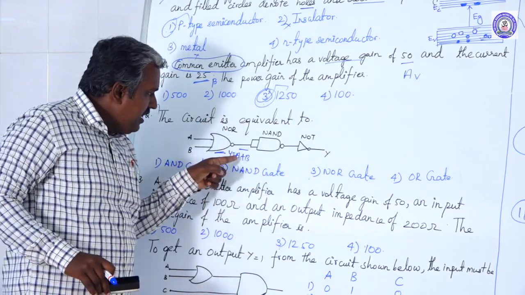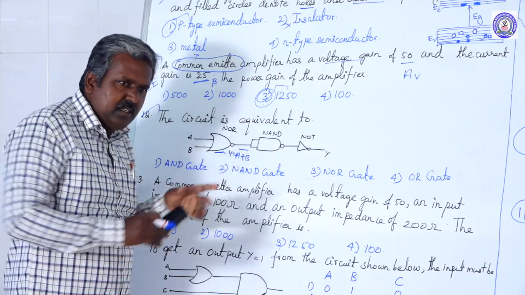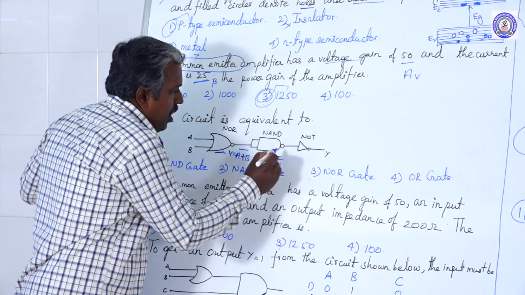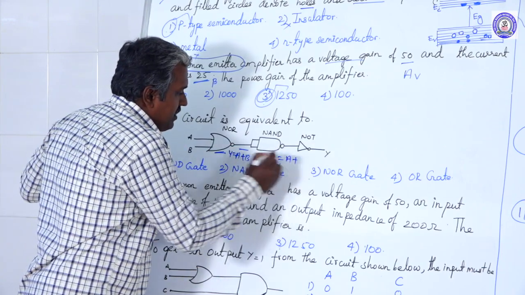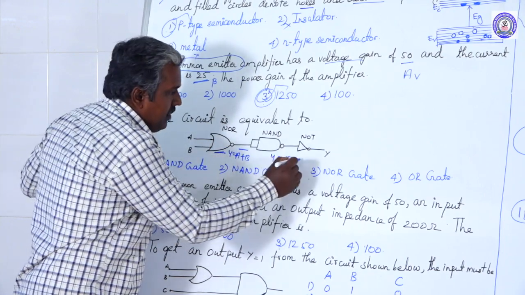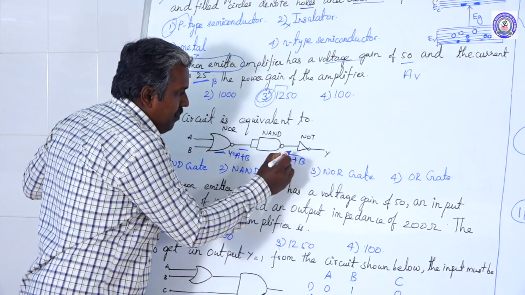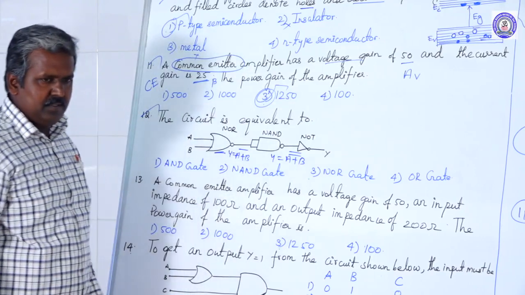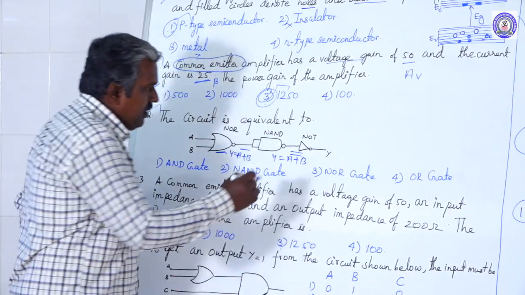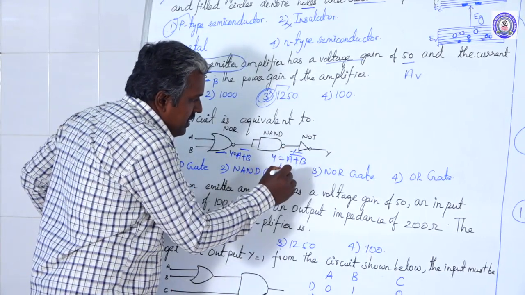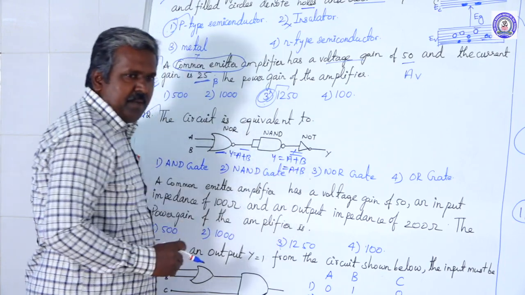But here there is only one input, A or B complement. So the output of the NAND gate is (A plus B) complement, and again one complement. It is equal to A plus B.